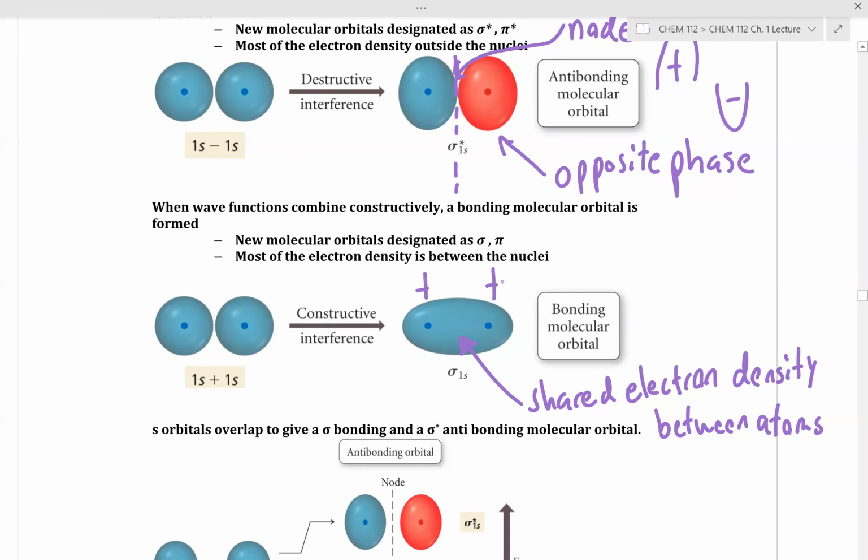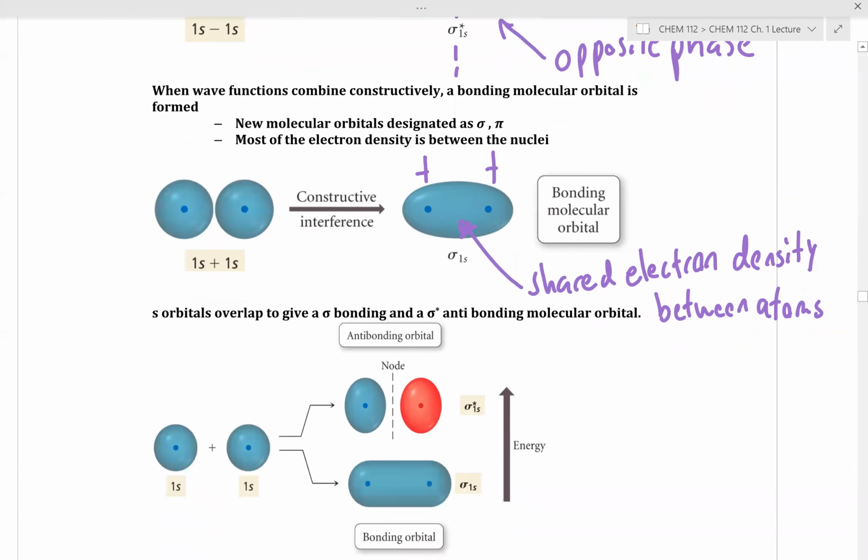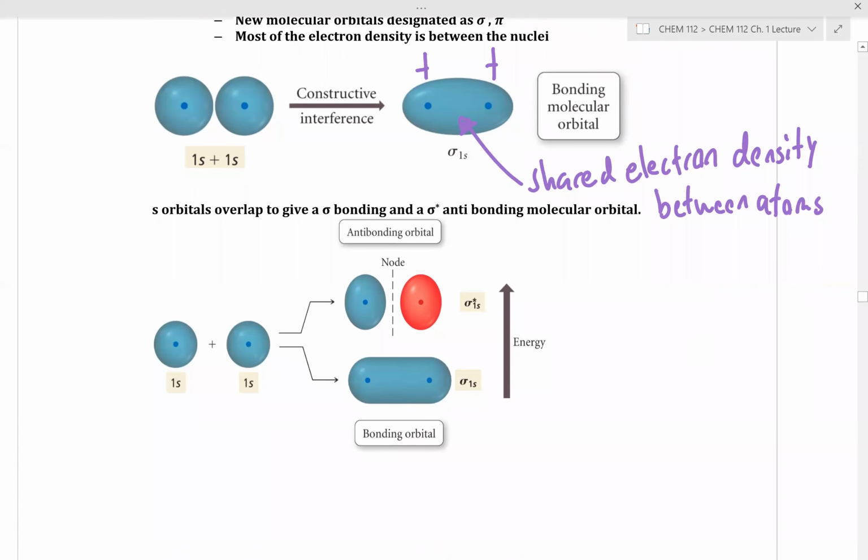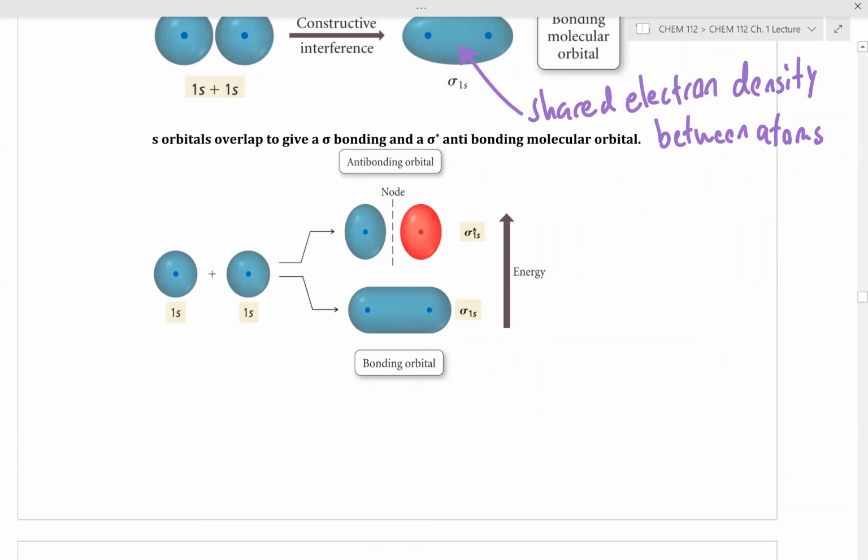Okay, so let's show some pictures for how s orbitals overlap. As a summary for our discussion, we can take our two s orbitals and overlap them, and we generate both a bonding orbital and an anti-bonding orbital. As we've discussed earlier, the anti-bonding exhibits a clear node.